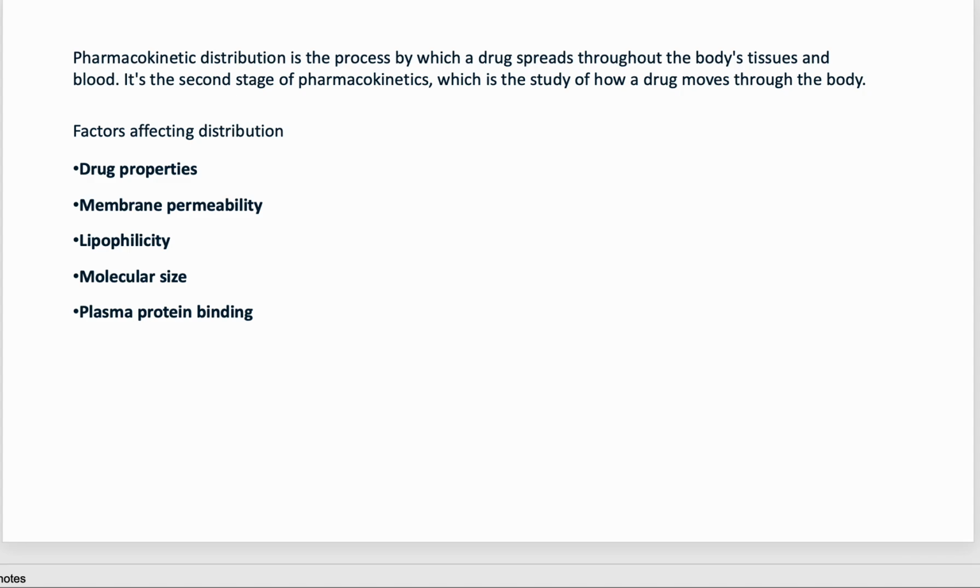And because our body is mostly lipophilic, it's easier for lipophilic substances to travel throughout the body. Molecular size, the smaller the size, the easier it is for them to travel. And plasma protein binding, so if they bind less, they get distributed more easily.